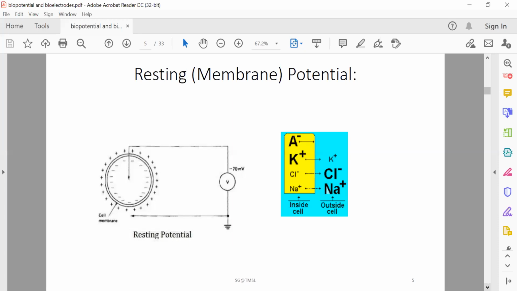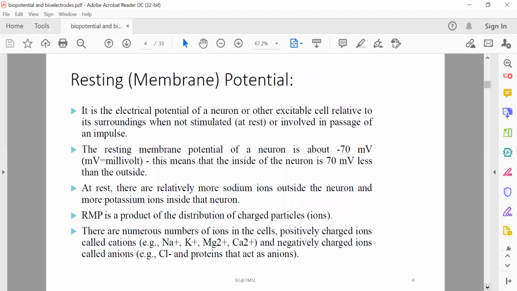Moving on to the next topic: what is resting membrane potential, or resting potential? We know that some types of cells of the body are encased in a semi-permeable membrane, which allows some substances to pass through while others are not allowed.